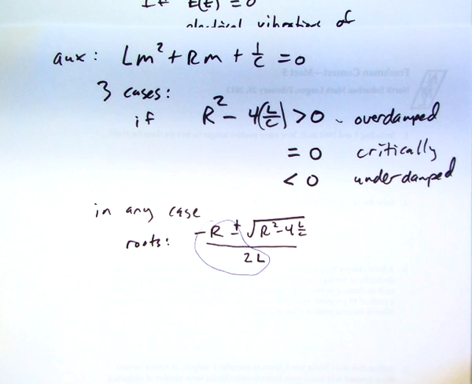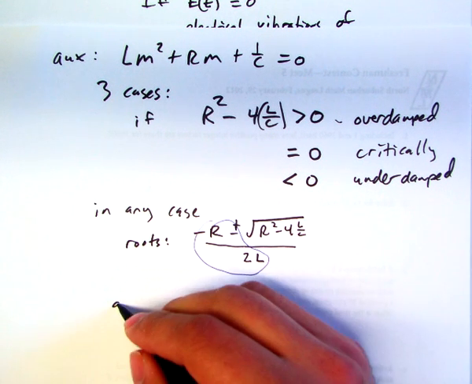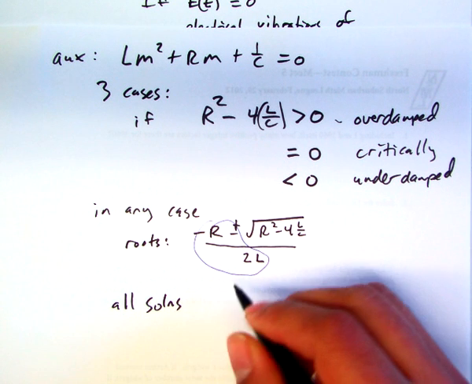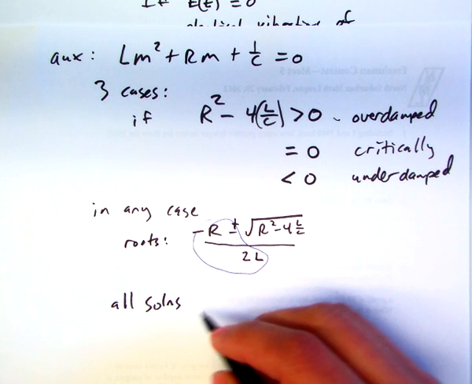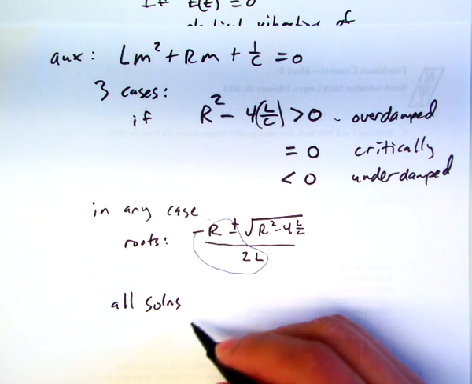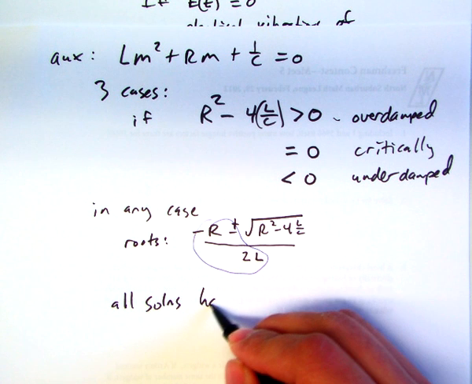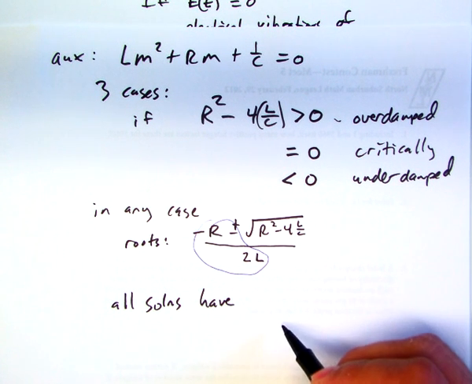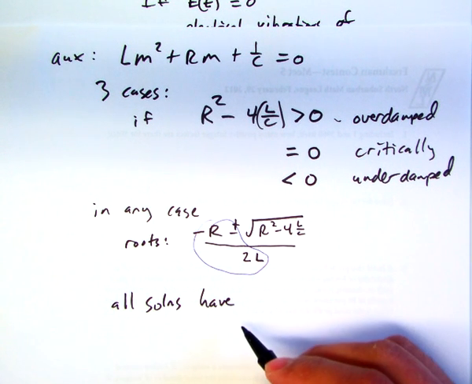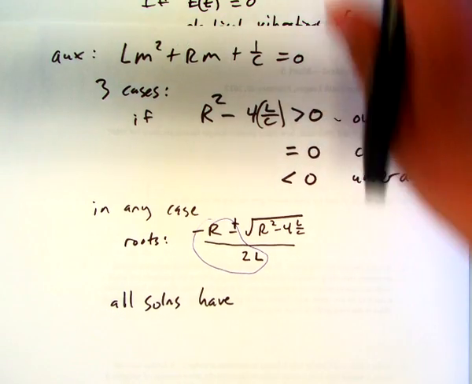Because this indicates that all the solutions are going to start out with what term? If alpha is minus R over 2L, then what's the first thing we write down for our complementary solution?